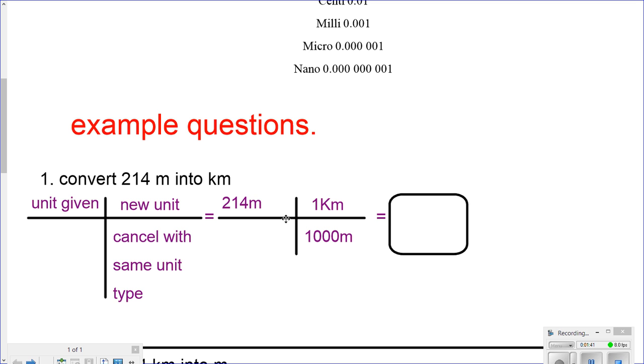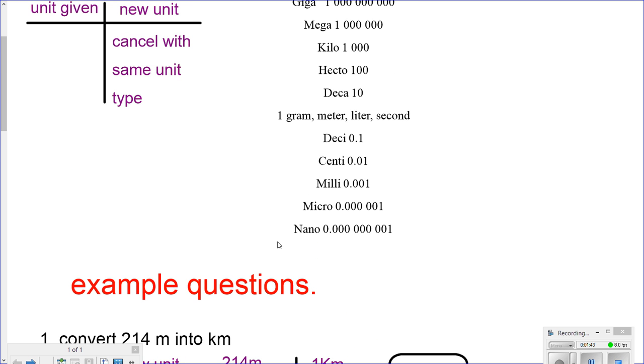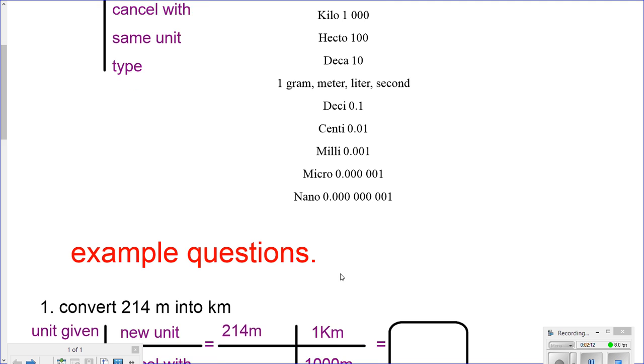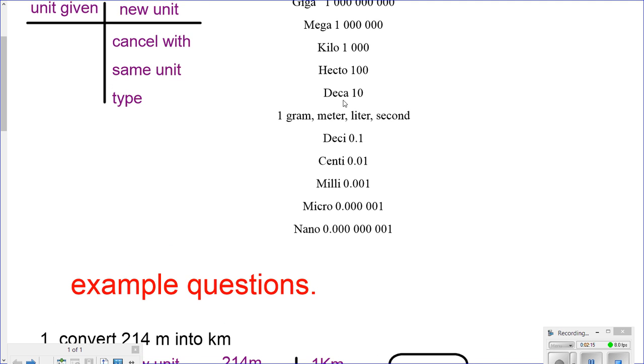And if I go to my chart over here, I'm going to the middle line. Then I will go up by 1, 2, 3 spaces from the middle line, which is in this case meters. I will go up to kilo, and if I go up to kilo, I will be decreasing my decimal spaces. Therefore, 214 meters given to me, meters at the bottom, kilometers on top.